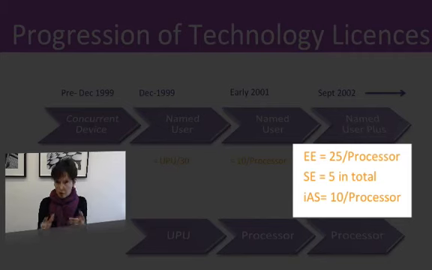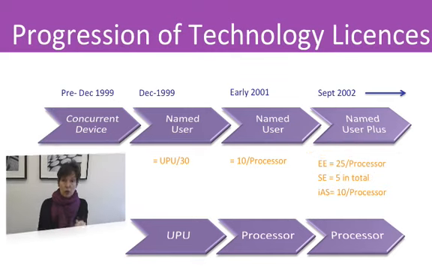Standard Edition is different, and we will talk about why that's different and how we work it out, but the minimum for Standard Edition is only 5, and it's a total of 5. It's not 5 per processor, it's not 5 per server, it's 5 in total for you as a customer. Application Server and some of the other middleware products are based on 10 per processor, not 25.